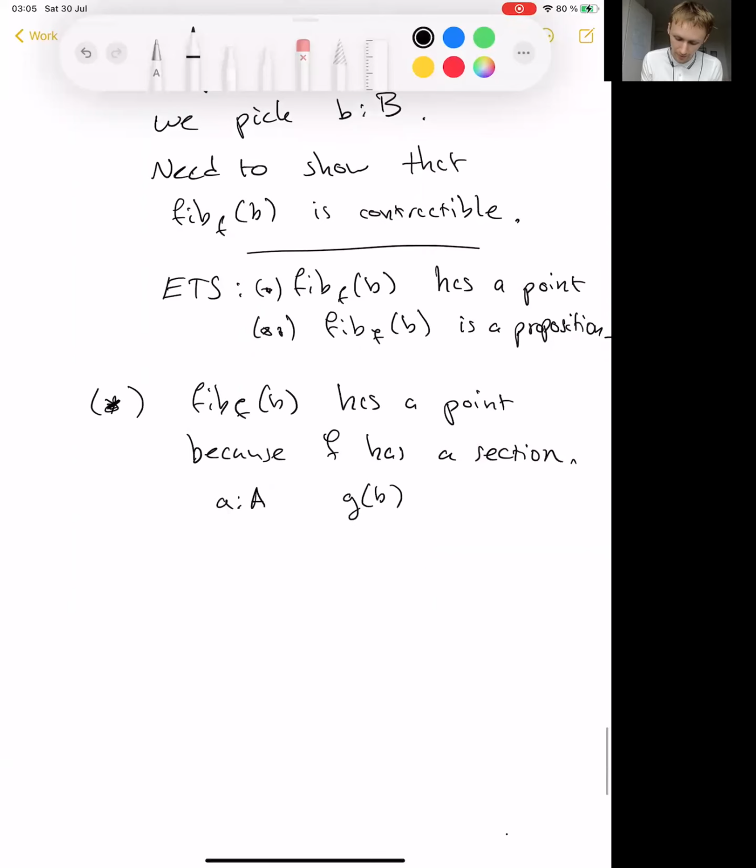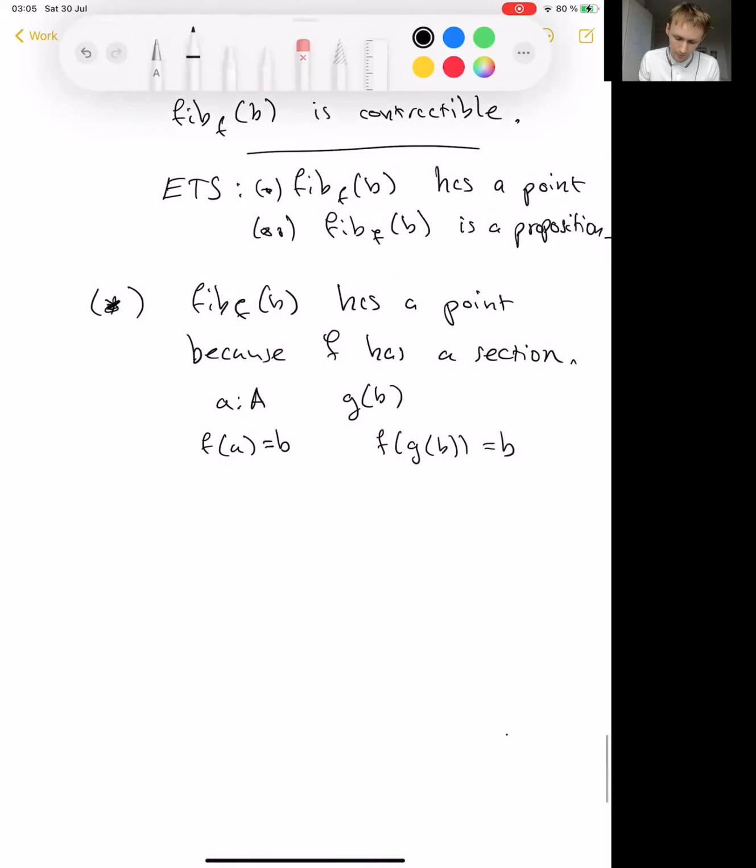And then we need to provide a proof that f of a is equal to b. So in this case, that would be a proof of f of g of b equals b, which we have by assumption, because g was the section of f. Okay, so we actually get a point. Cool. So now we need to show that the fiber is a proposition.